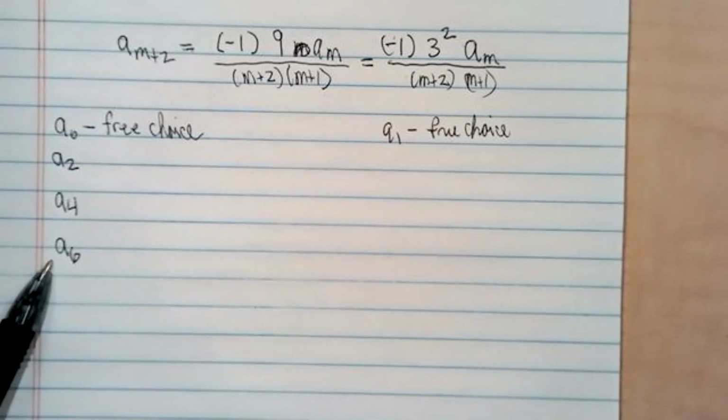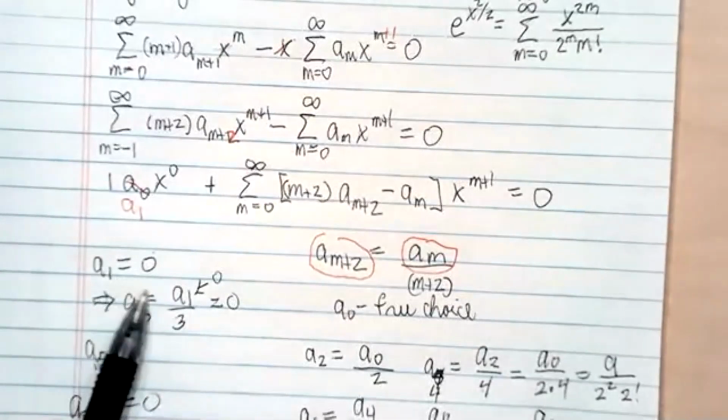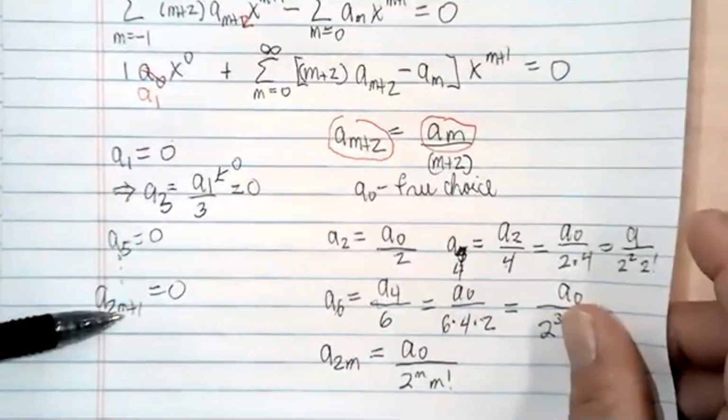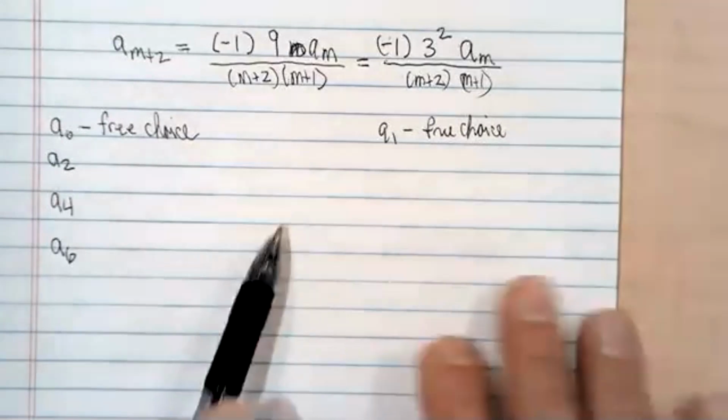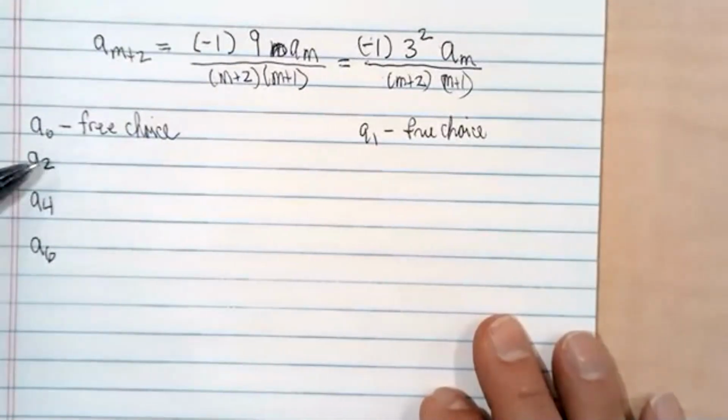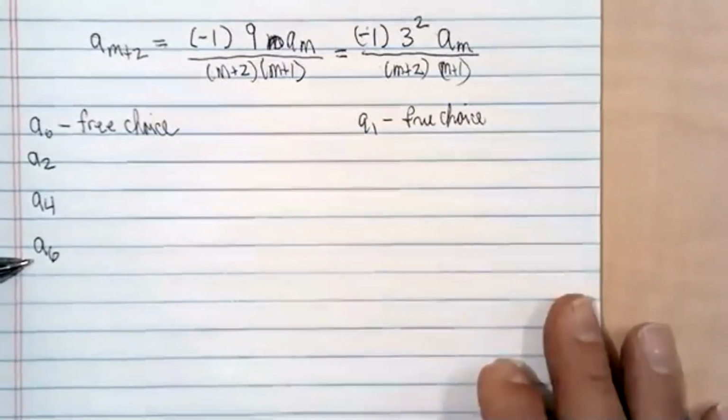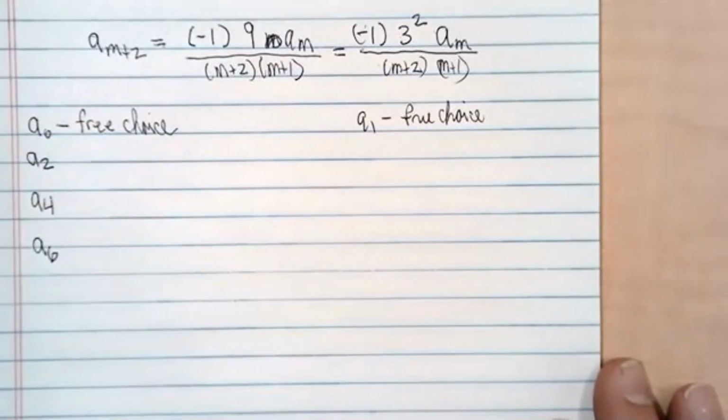And it seems like we did have that. Oh yeah, it's right here. A1 is forced to be 0, and that kills off half of the coefficients. In this case, that did not happen. So the even subscripted terms are all linked and the odds are all linked, but neither one of them drops out to 0.